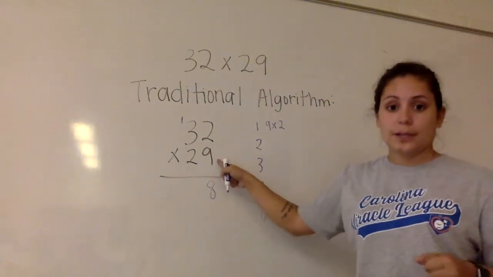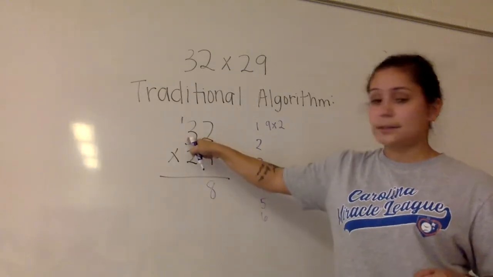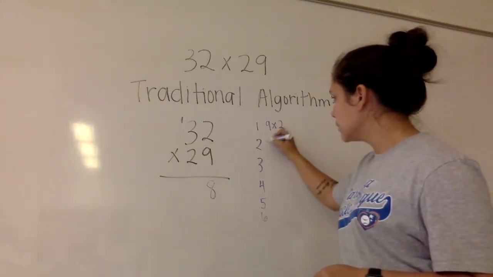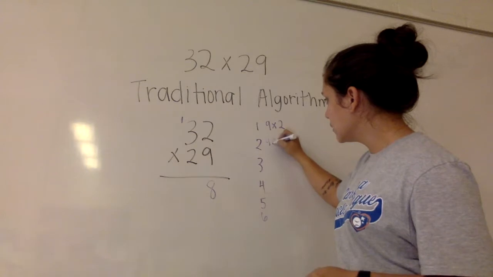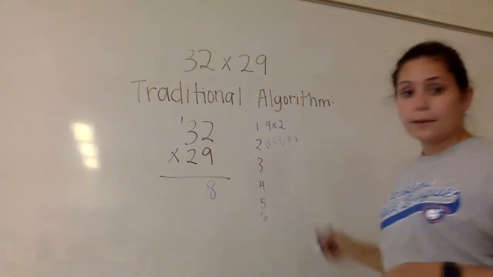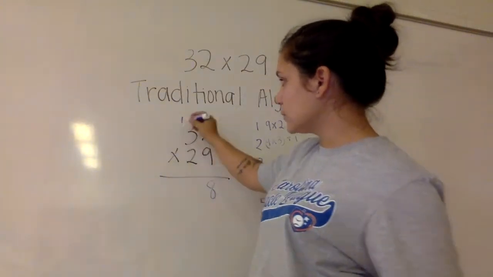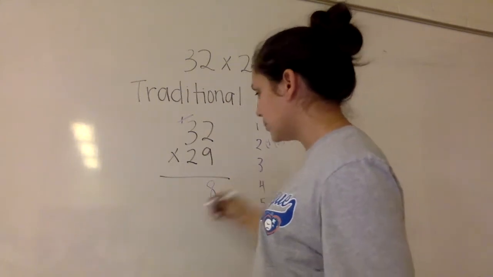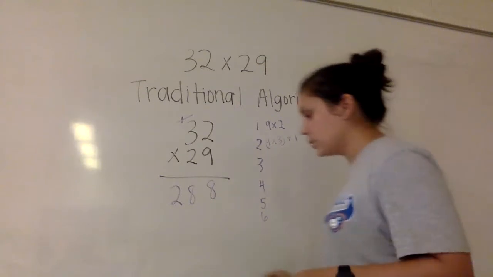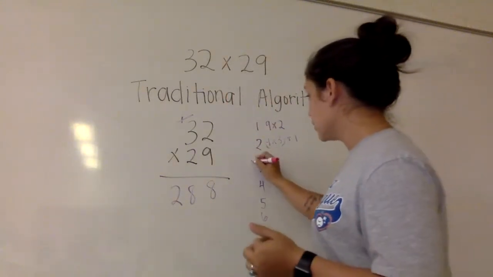Second, you're not done with your 9 yet, 9 times 3. But just like addition, you've got to add that 1 that we carried over. So we can cross out our 1 because we use it. 9 times 3 plus 1 is 28. This is the step that you're going to want to really get in their brains if they're going to use this method.